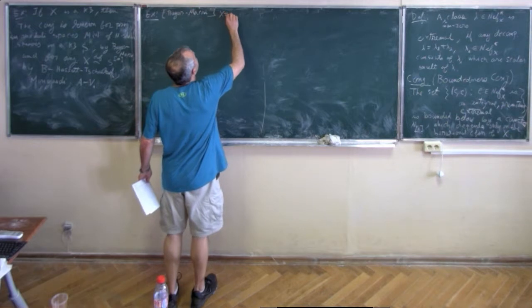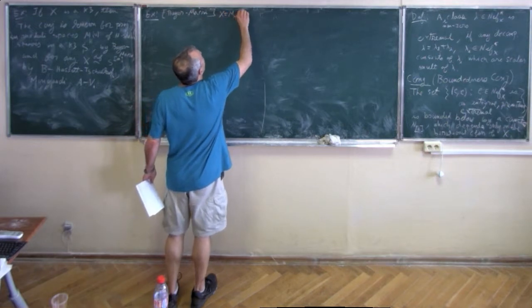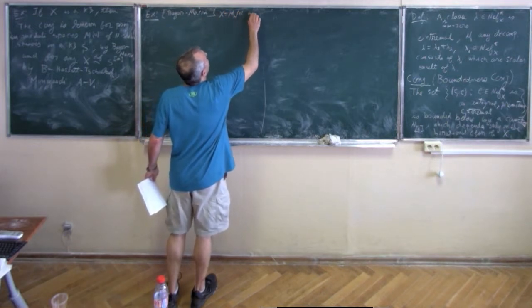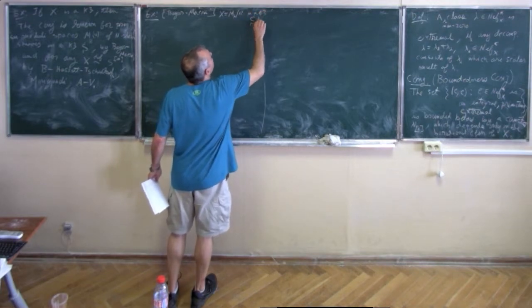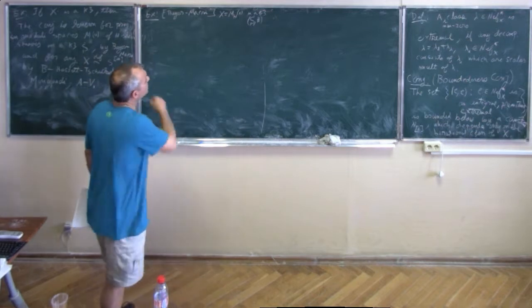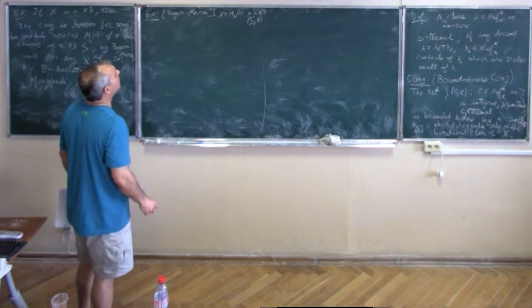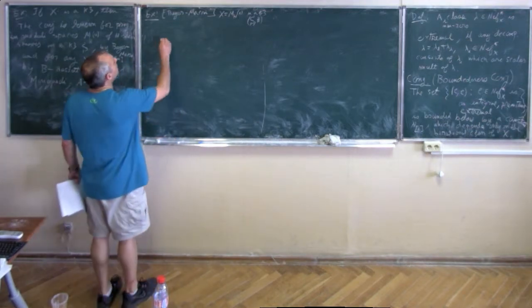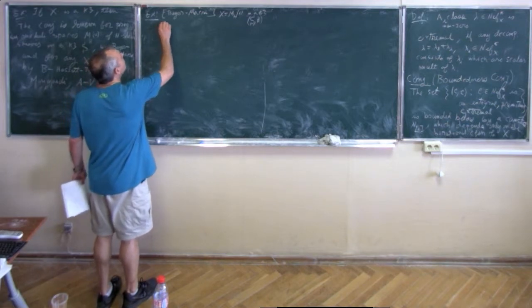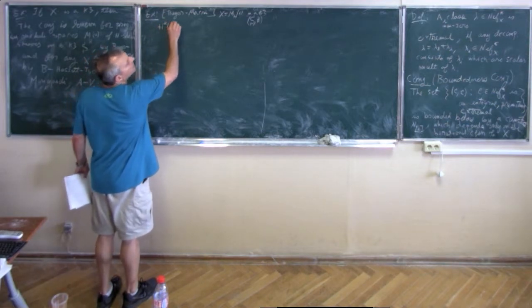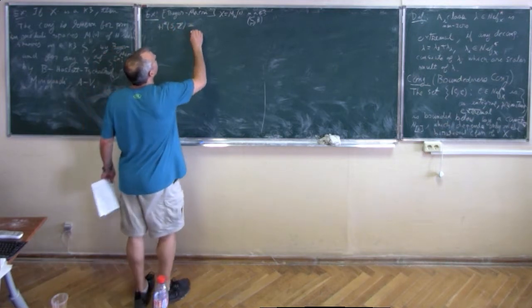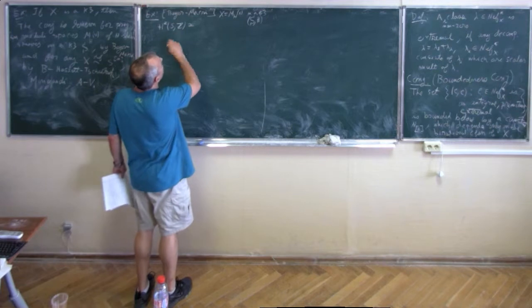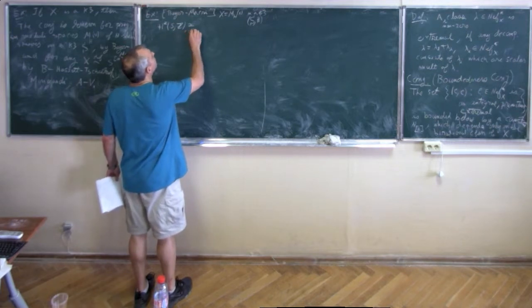X is a moduli space of sheaves on a K3 surface S, which is polarized with an ample class H. In that case, we have the Mukai lattice of S. This is the whole cohomology with the Mukai pairing.